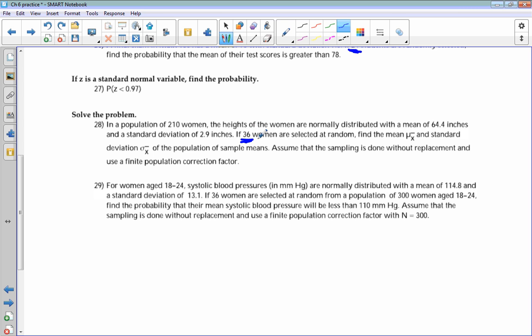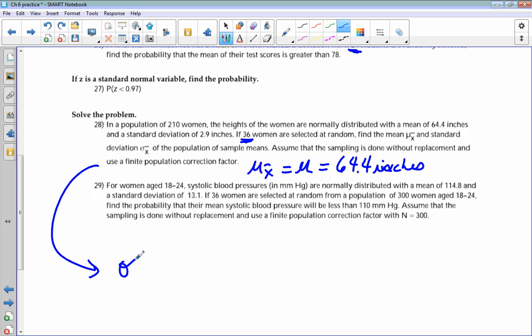So here we go. The nice thing is the mean of the sample we say is the mean of the population, which of course would be 64.4 inches. We also know that the standard deviation of the samples would be the standard deviation divided by the square root of n, which of course would be 2.9 divided by the square root of 36, which is really 2.9 divided by 6.